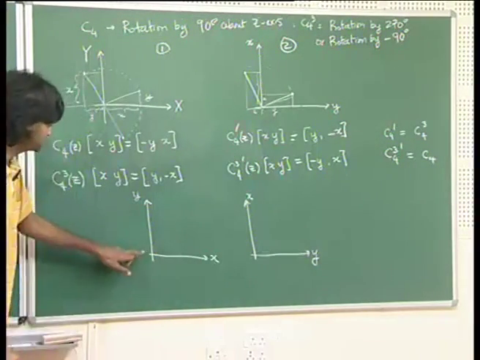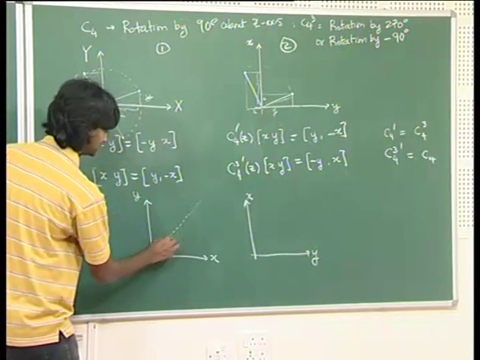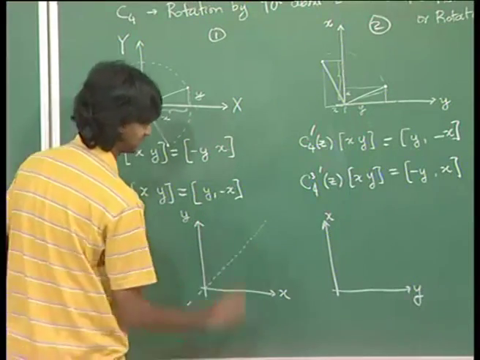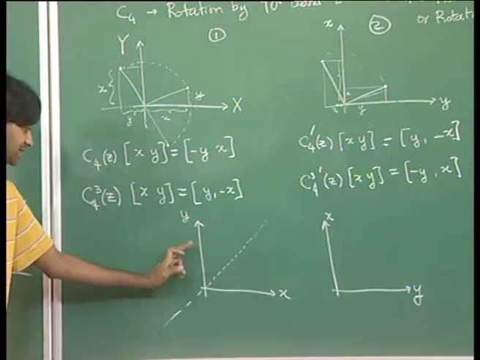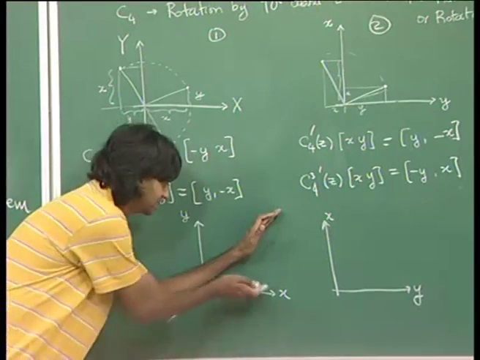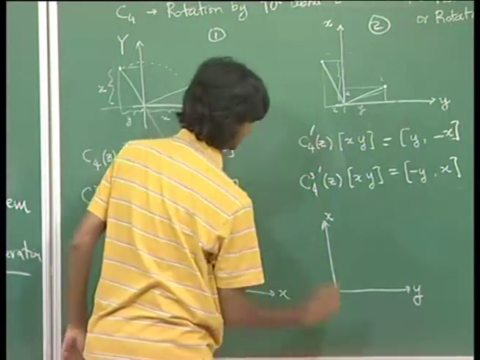It is very easy to see that the operation that you have has to be a reflection about this. So, if you reflect about this axis, then this becomes your x axis. So, if you imagine there is a mirror here that reflects it, x will come here, y will come here, and you will have something like this.